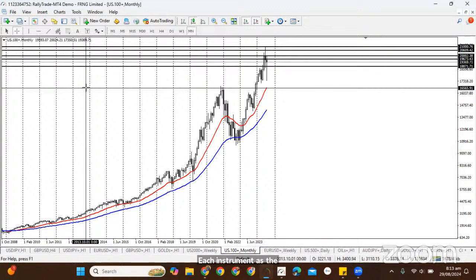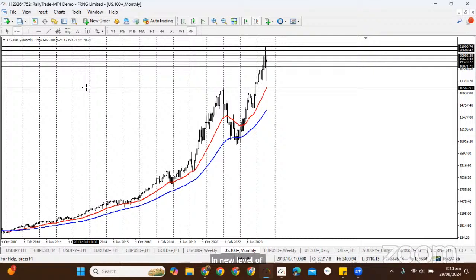For example, US 100 that we are on currently, the way it moves is that it's looking to make a new high. So at every point in time, it has chances to move all the way up, creating a new level of resistance, a new level of resistance, a new level of resistance.